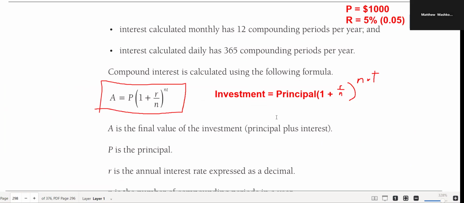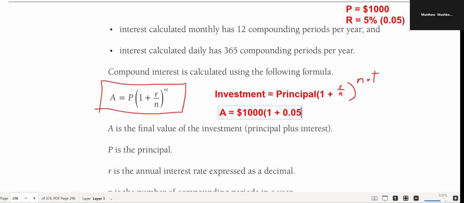So if I were to give you this, my investment, A, would be equal to the principal, 1,000, times 1 plus R over N, 0.05 over 12, since it's done monthly, to the power of N, which is 12, times T, which is 5 years.